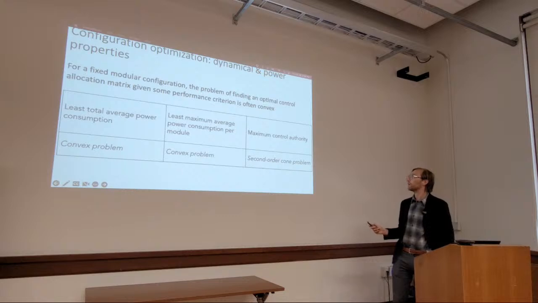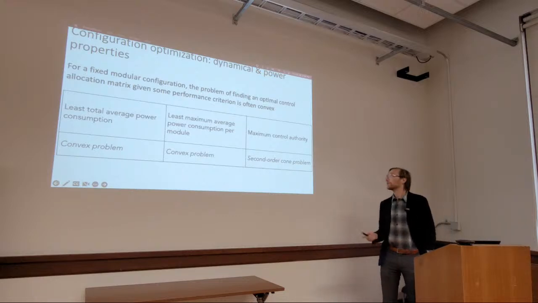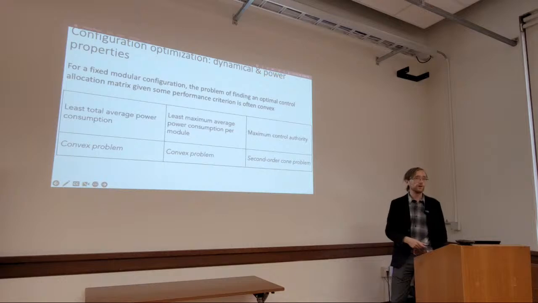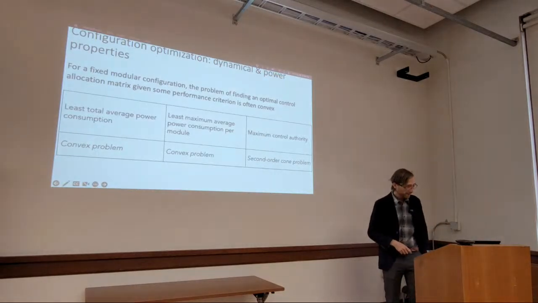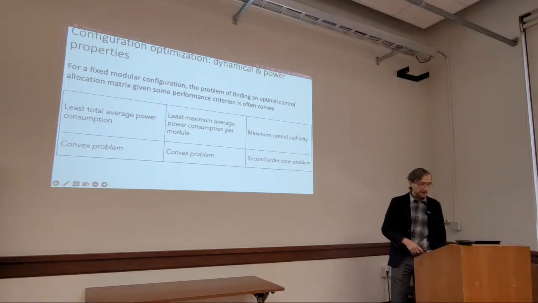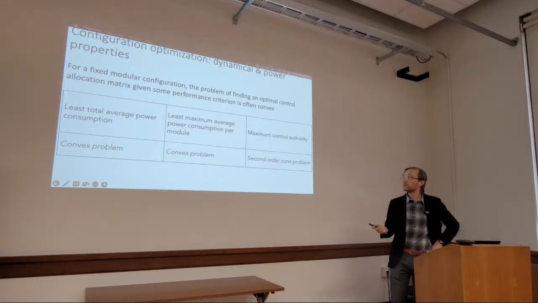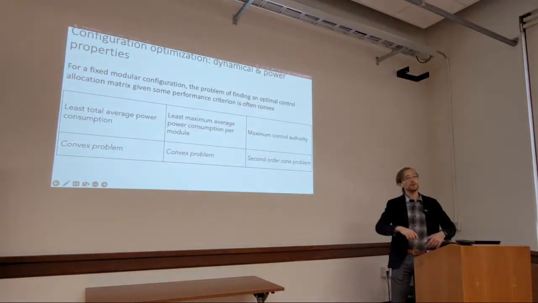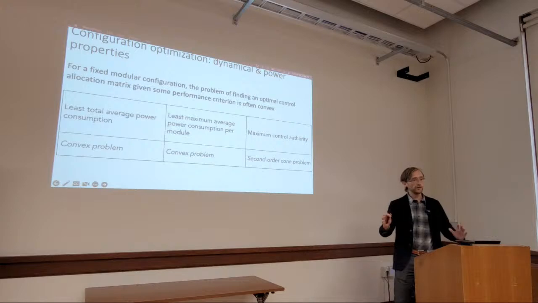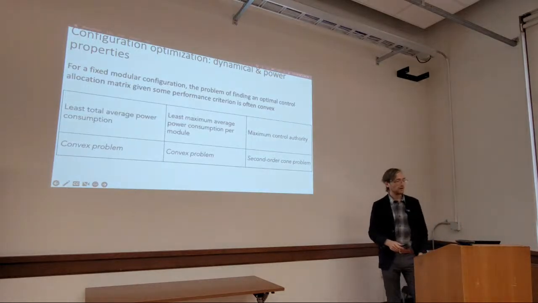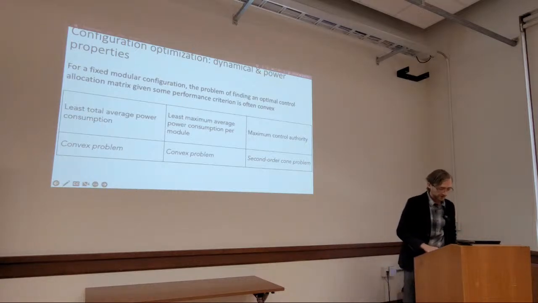We end up with a second-order cone problem, which is a subset of convex problems, which is, in fact, much easier to solve than general convex problems. And so that is for a fixed configuration. But because we have this, we can later on incorporate them in optimization over variable configurations, which will still result in problems with a nice structure.